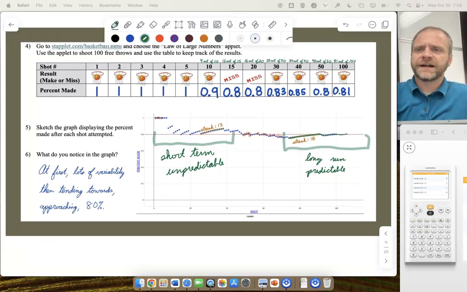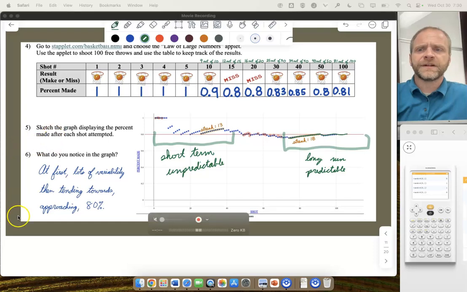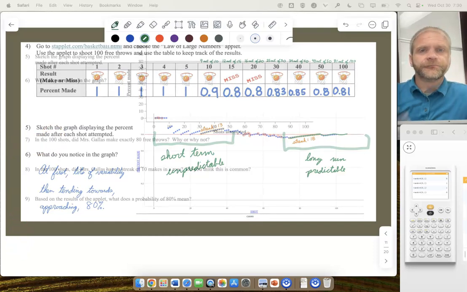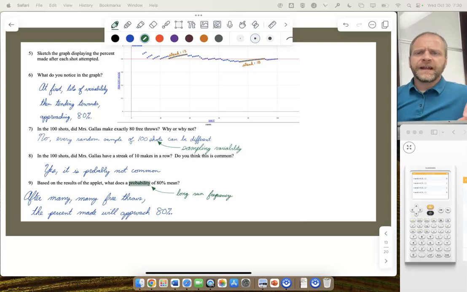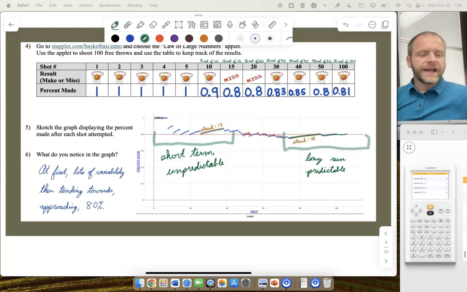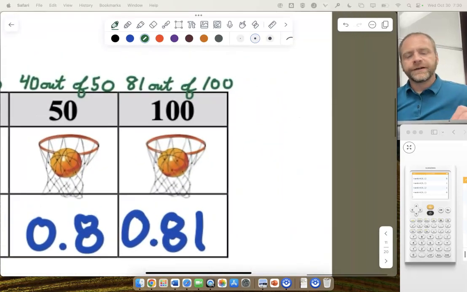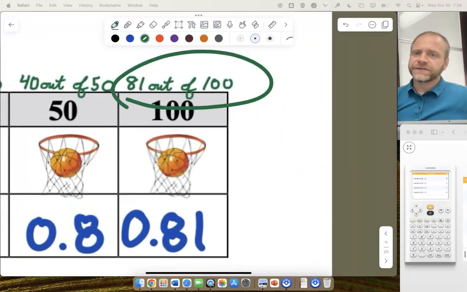So that's the idea behind this activity with Mrs. Gallus being a good free throw shooter. So I already sketched the graph. We already looked at number 6. And now we're looking at the 100 shots. Did Mrs. Gallus make exactly 80 free throws? In this case, no. And I can go back and look. Really what I had was she made 81 out of the 100 free throws.